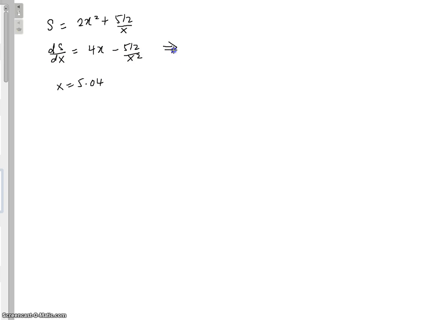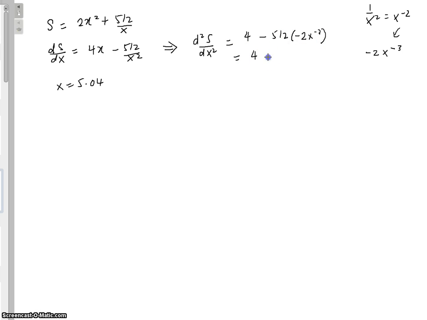So I calculate the second derivative. If we differentiate again, we have 4 subtract 512 times 1 over x squared, which is x to the power negative 2. If we differentiate x to the power negative 2, we get negative 2x to the power negative 2 subtract 1, which is negative 3. So negative 512 multiplied by negative 2x to the power negative 3.